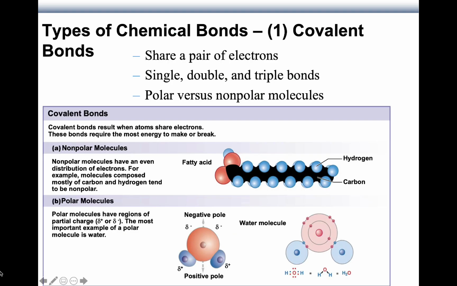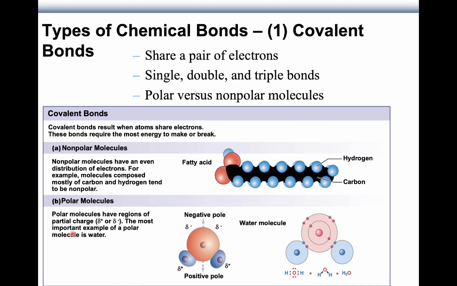So moving on from electrons to types of chemical bonds. These topics kind of relate to each other because it is due to either the sharing or stealing of electrons that you're able to make chemical bonds. So the first kind of chemical bond we're going to talk about is a covalent bond. And the key word here is sharing. This is when two elements are able to share electrons.